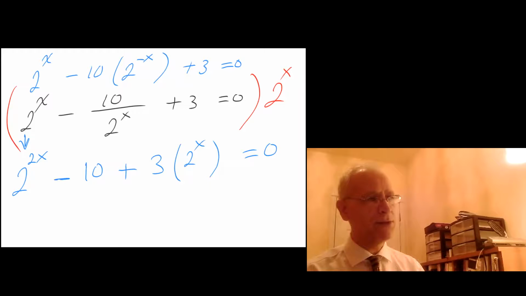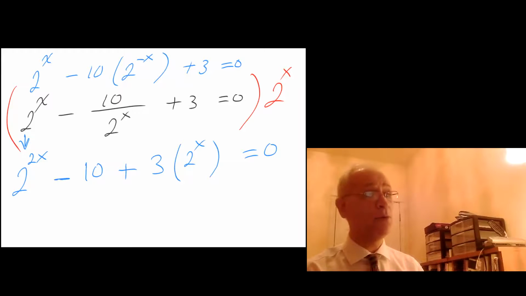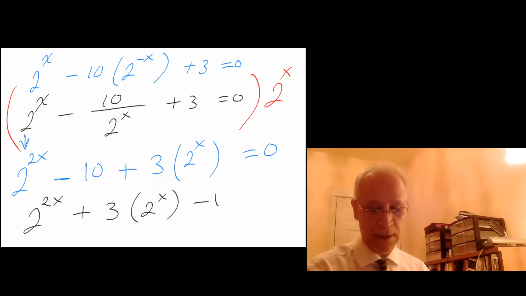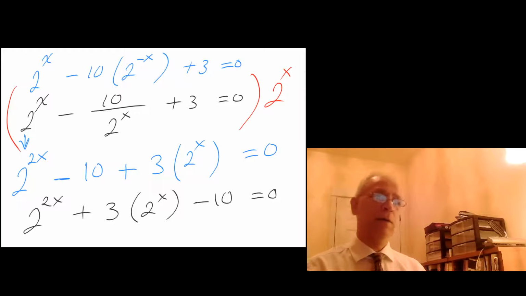It would be nice at this point to put this in order from the highest power, 2 to the 2x, to the lowest: plus 3 times 2 to the power of x, and then minus 10 equals 0. Now I'm going to factor this.